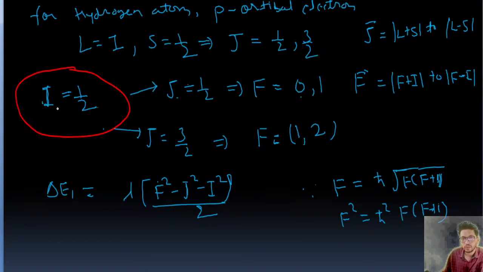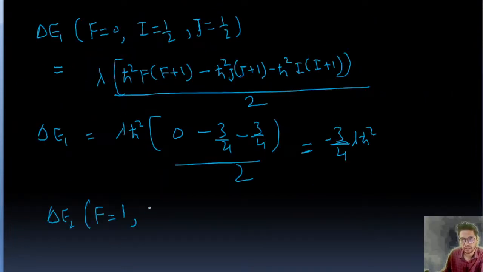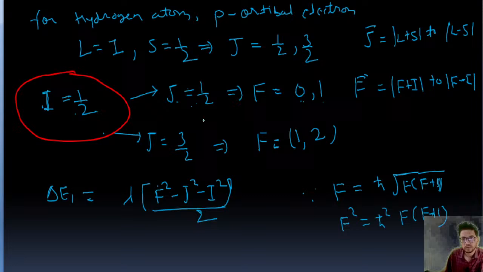Now for E1 we have taken I half, j half and f 0, right? Now for E2, I half, j half and f 1, right? So f equal to 1, I equal to half, j equal to 1 by 2, 1 by 2, right?